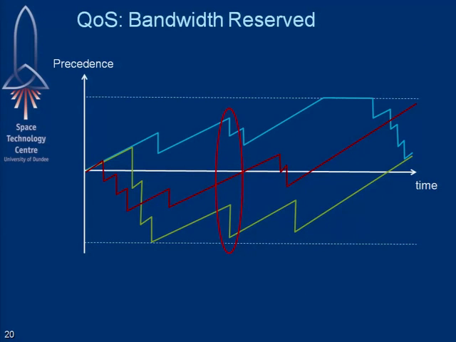So the counter will saturate when it reaches a maximum value. And the green line actually hits the saturation point at the lower end as well. Okay, so this is like the limits of our counter that we're using for counting this bandwidth reservation precedence.